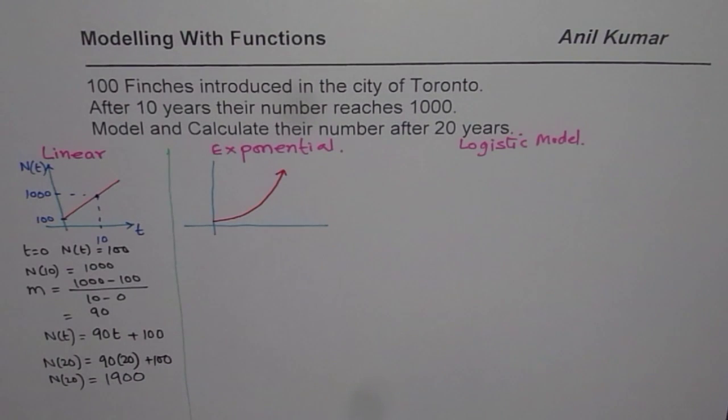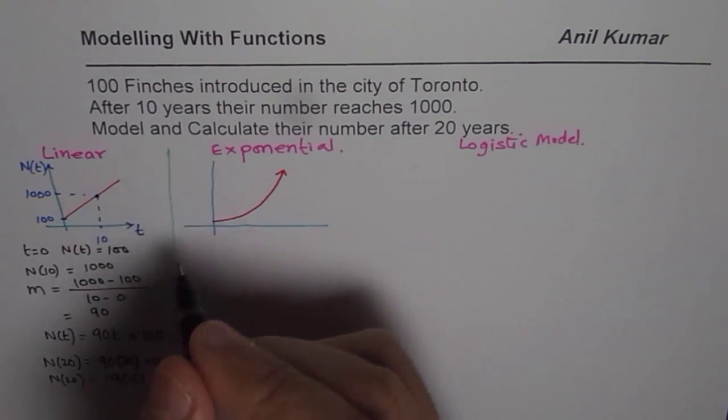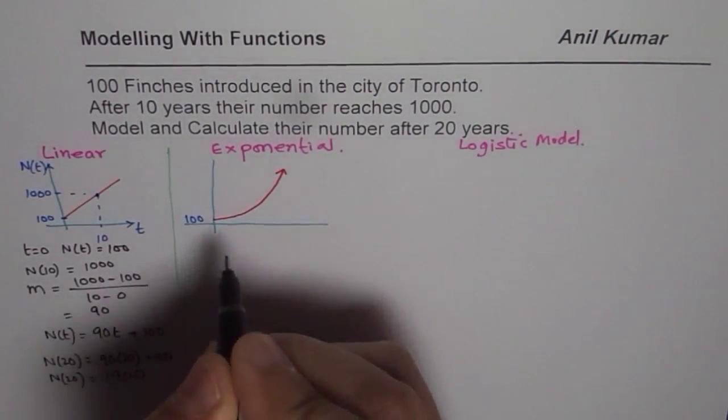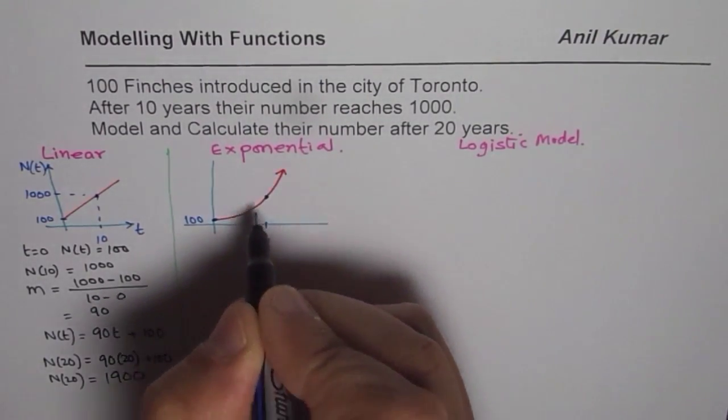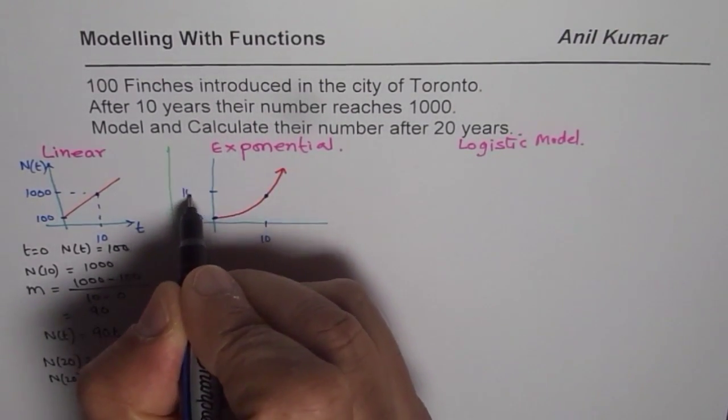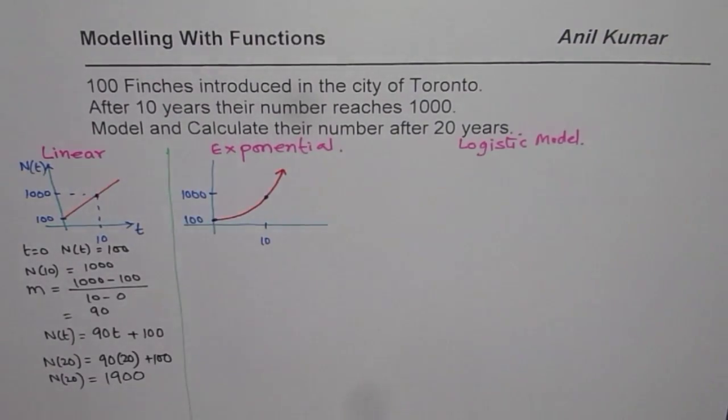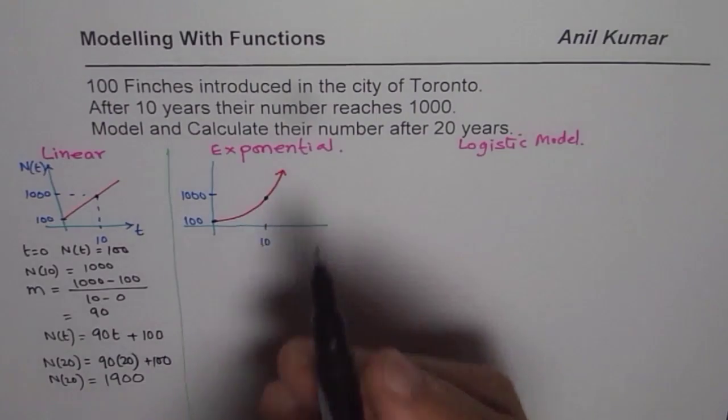So that is how we got our number. Okay, now in exponential we have the same situation in a way, starting point at 100, and then we do have a point here after 10 years. The number was really 1000, right? So with that information you can actually also model the situation in exponential form.